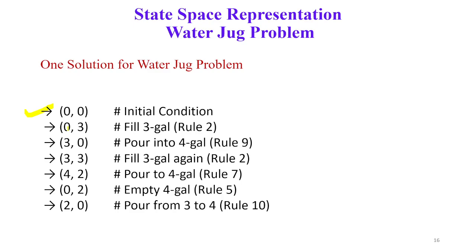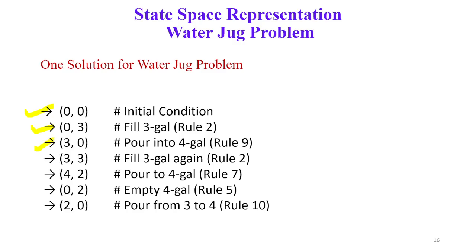This is the 4-gallon jug and this is the 3-gallon jug. Next, you pour the 3 gallons of water into the 4-gallon jug. So this becomes 0 and this becomes 3.